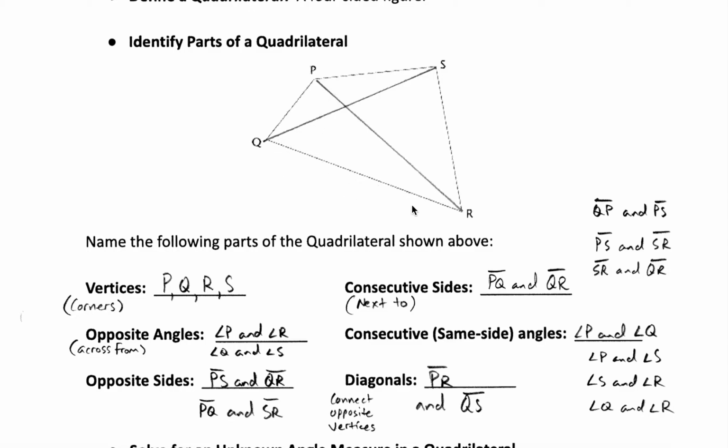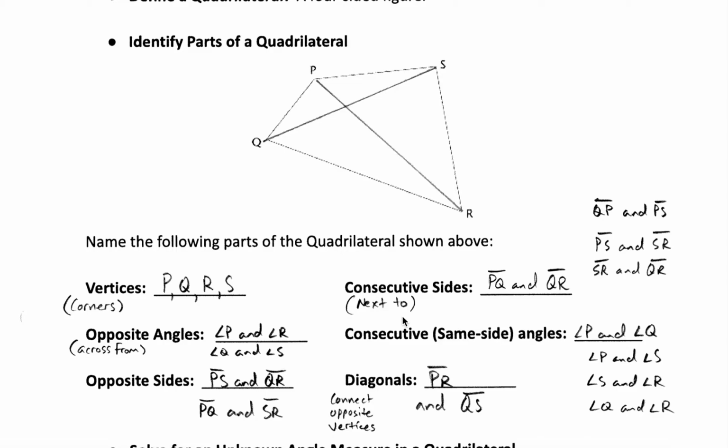So PQ and QR are next to each other, they're consecutive sides. If we went the other way, it is also true that side PS and side QP are consecutive. So it just depends on what direction you decide to go in. If we name these pairs of consecutive sides, we could go PQ, then QR, then SR, and then PS to finish it off. Not the only way we could do it though.